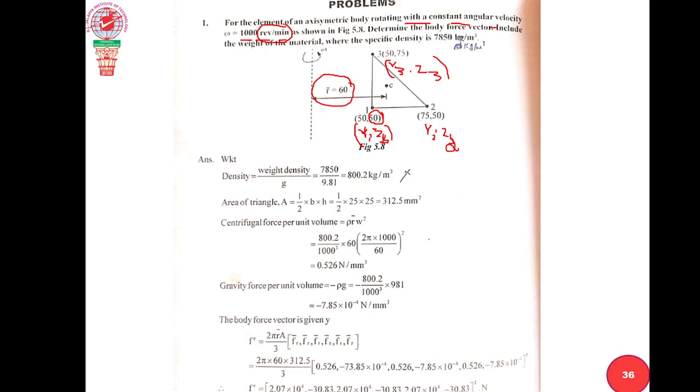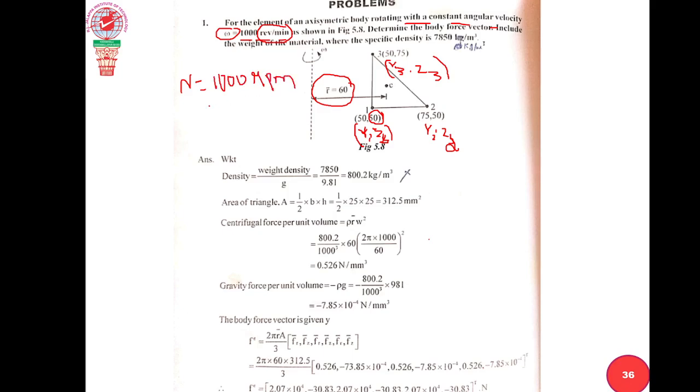Revolutions per minute is RPM, a unit of speed. Keep this in mind so as not to make confusion. That's why please take down in the data n equal to 1000 RPM.